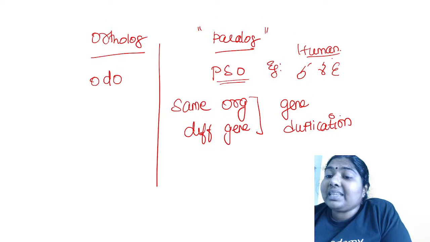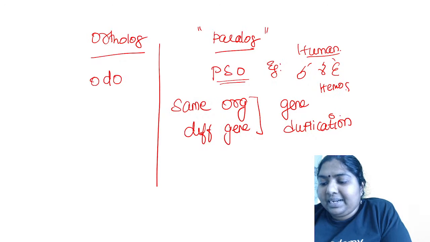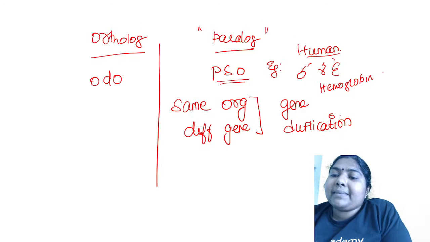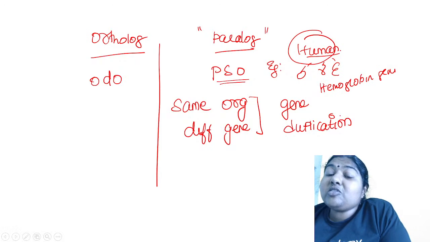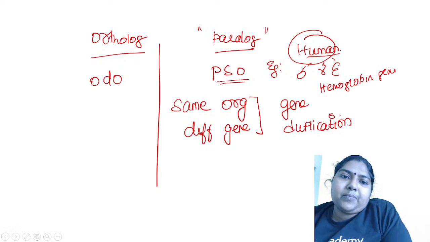These are all different, same gene, but it has undergone small duplication, so the gene has become a little bit different. So the same organism, you have the different gene. This is what is called a paralog.